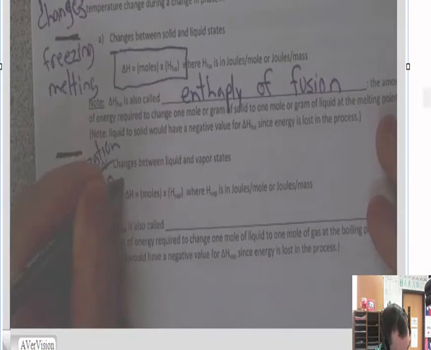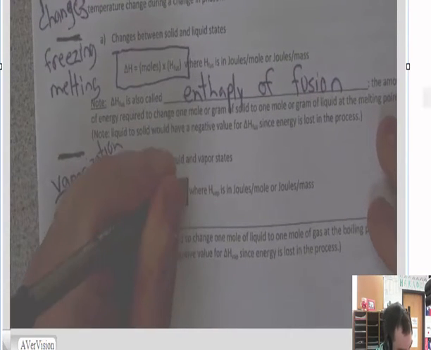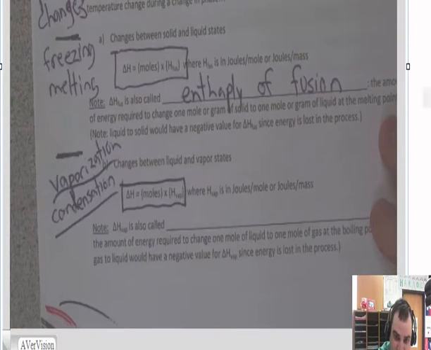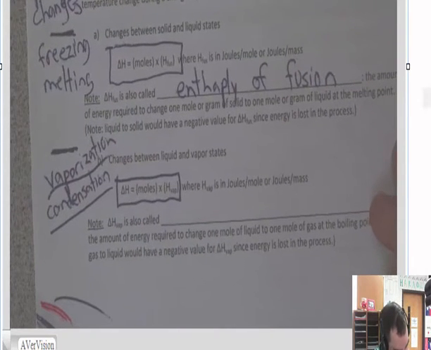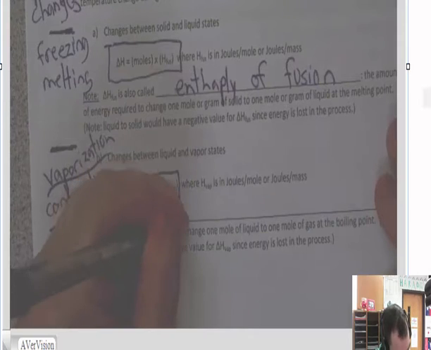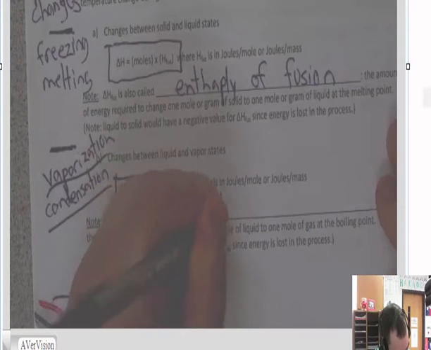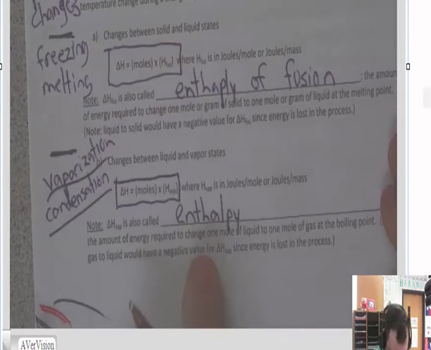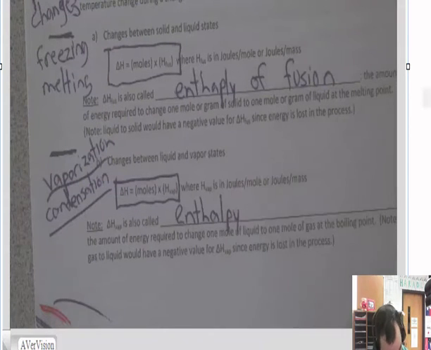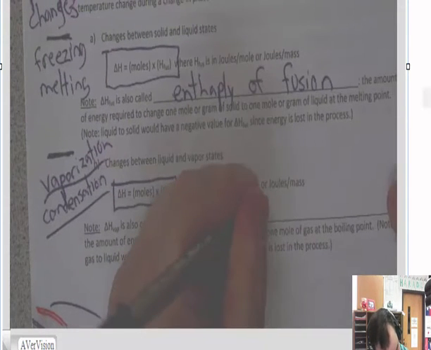We're going to use this equation. Delta H equals moles times the heat of vaporization. This is the enthalpy of vaporization.